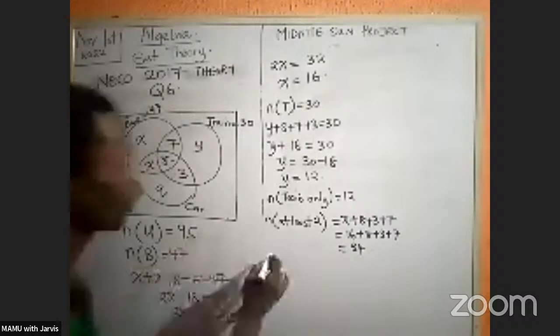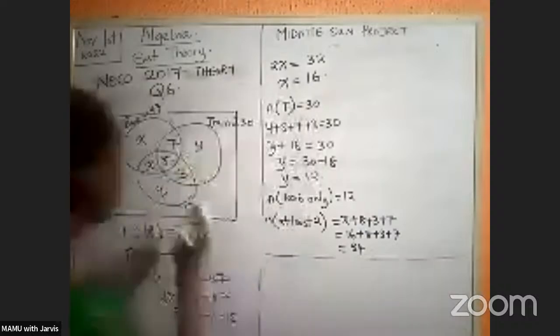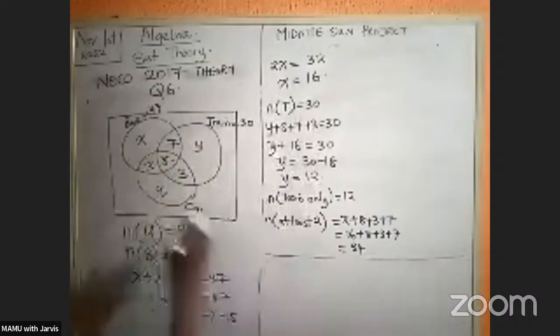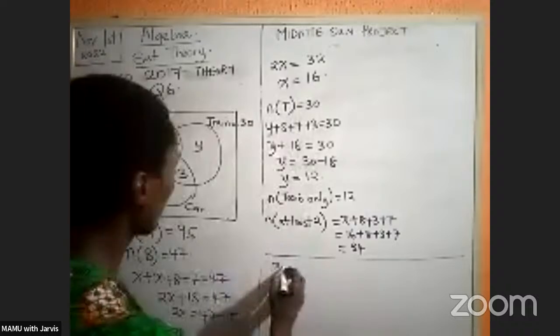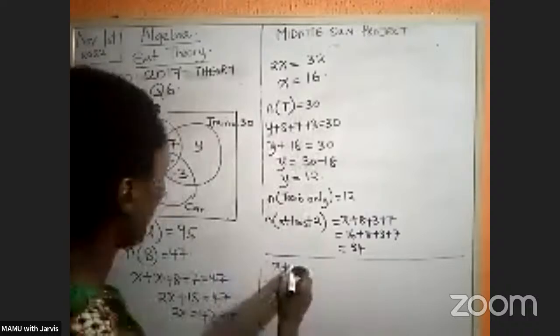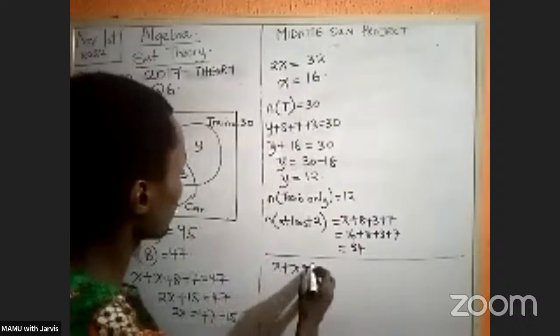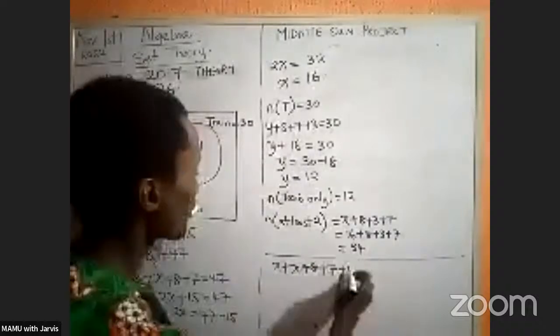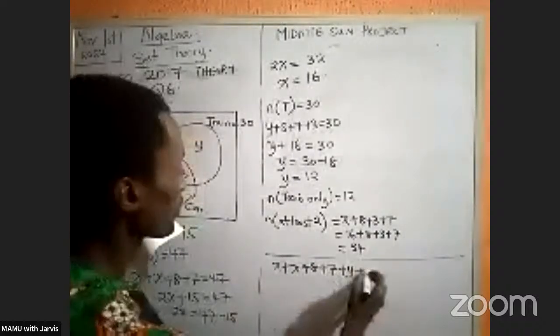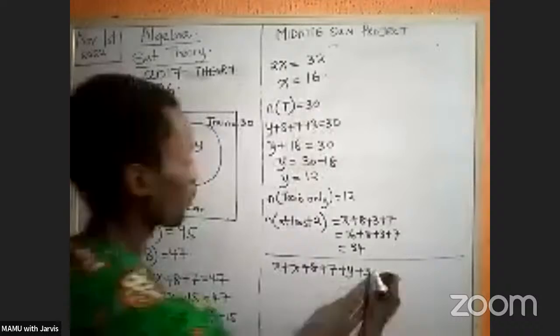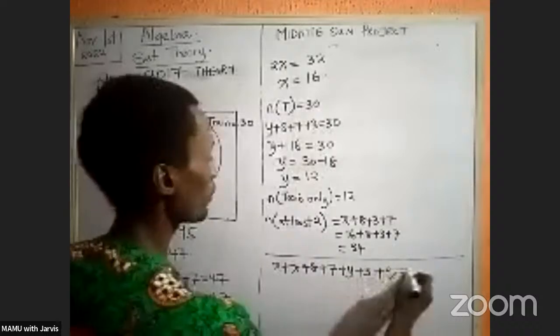So we're going to add up all the elements we are seeing here: X plus X plus 8 plus 7 plus Y plus 3 and plus Q will be equal to 95.